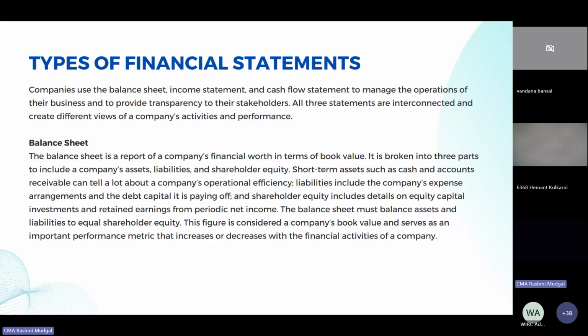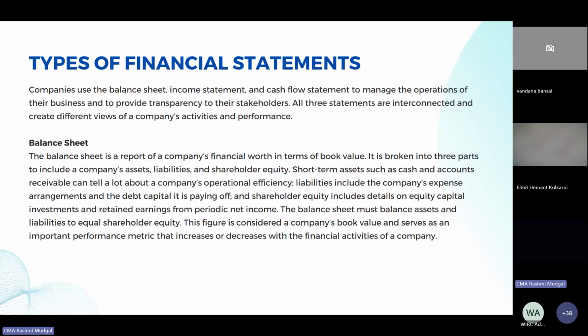In the cash flow statement, we see that the profit as per P&L is different from the profit I have realized, which is in my hand. So what is the cash available to meet my daily expenses as well as to pursue my future opportunities? For future opportunities I need money, cash and cash equivalents, just to invest in that. All three statements are interconnected.